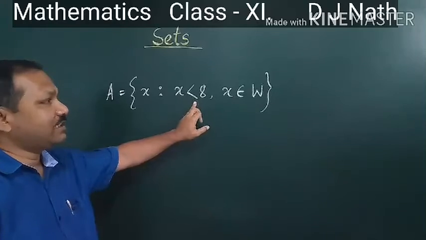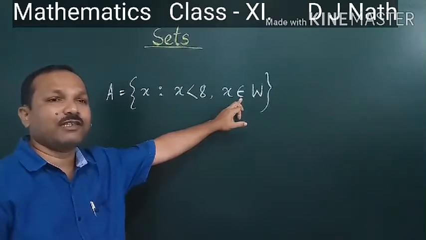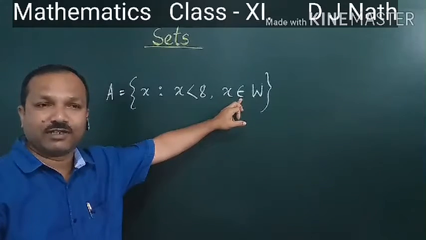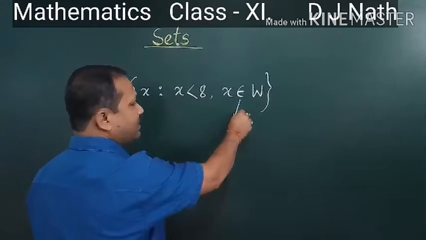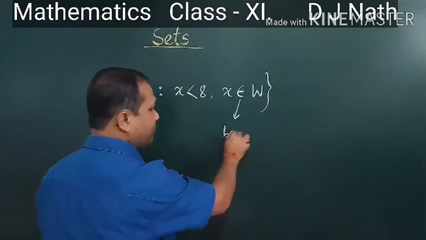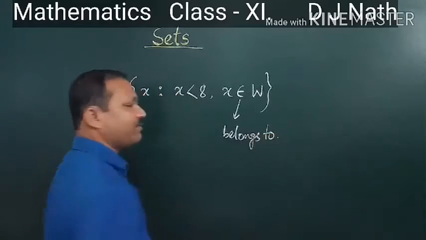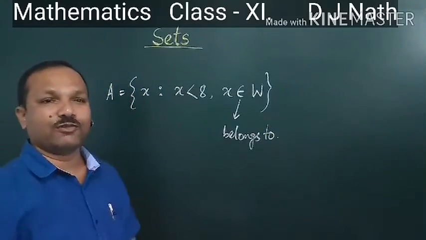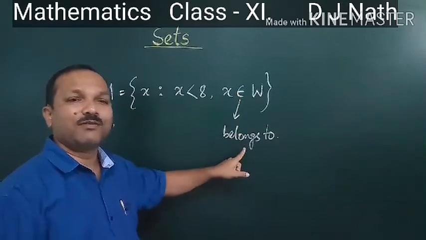X less than 8 and X, one symbol I have written. What is that symbol? It is also a Greek symbol. It is belongs to. Sometimes you write in your book or notebook, this book belongs to that. This symbol represents belongs to.